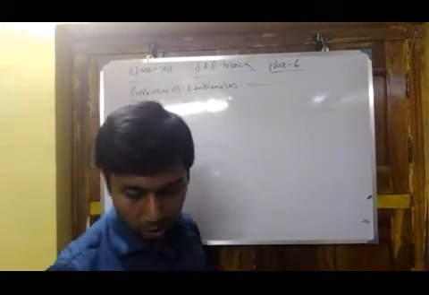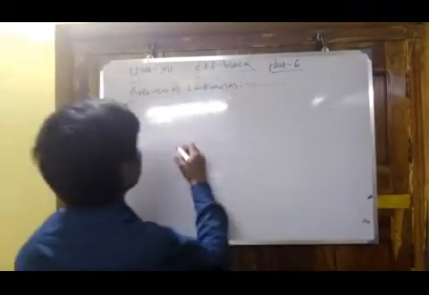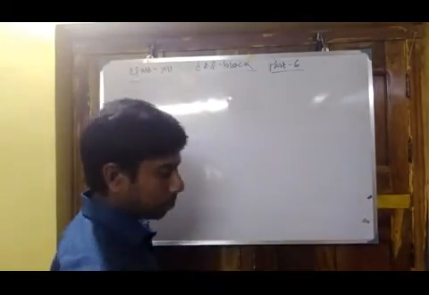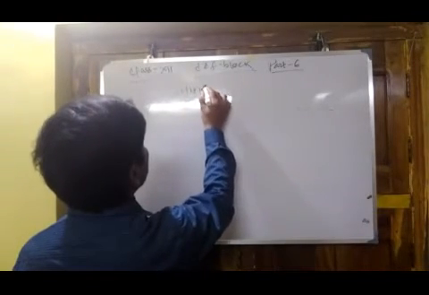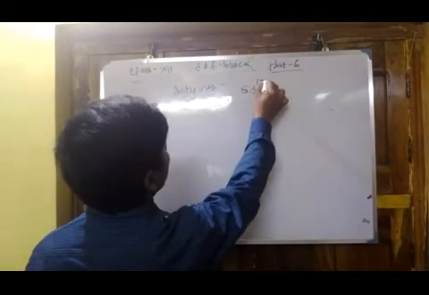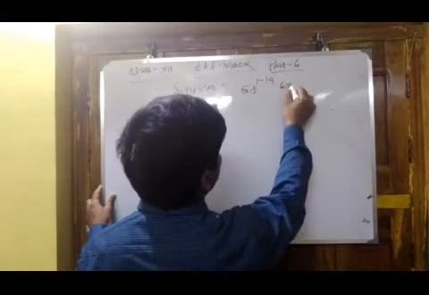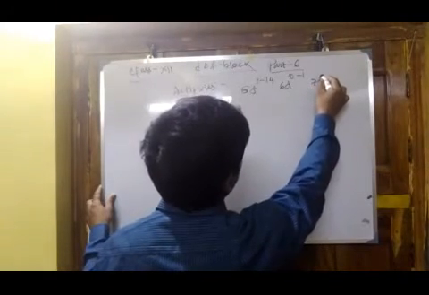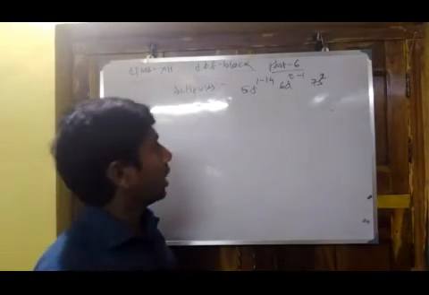Now the general electronic configuration here is 5f 1 to 14, 6d 0 to 1, 7s 2. This is the general electronic configuration of actinoids.